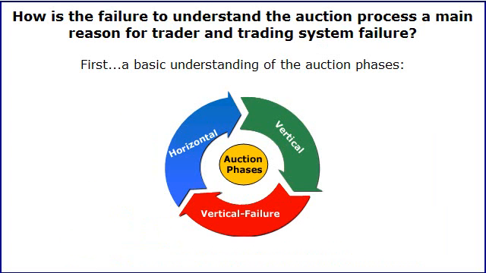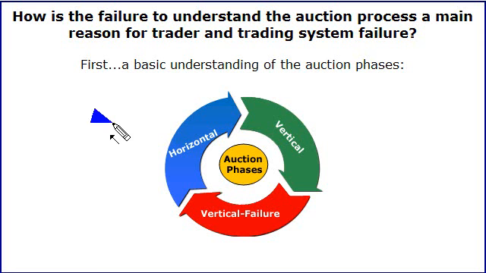So that leads to the obvious next question, which is how is a failure to understand this auction process one of the main reasons traders and trading systems tend to fail? To answer that, let's briefly discuss the various phases of the auction. The market on any time frame, whether you're looking at a monthly chart, a weekly chart, a daily chart, an hourly chart, a 1 minute chart, or a 10-second chart, it doesn't matter the time frame, there are repeatable phases.